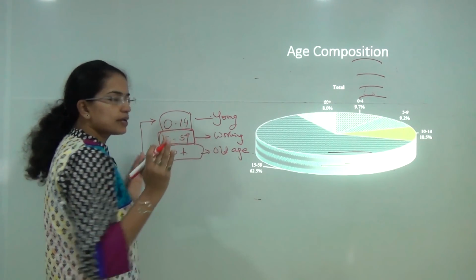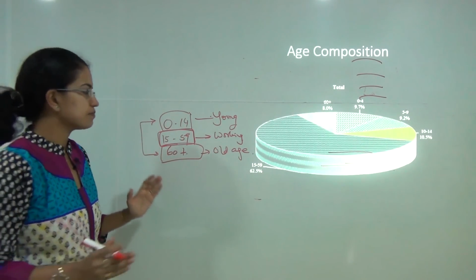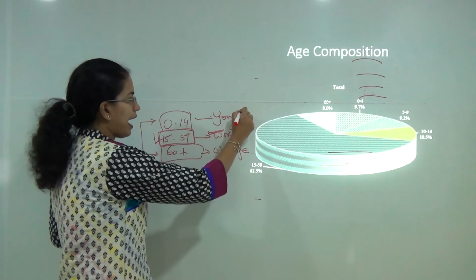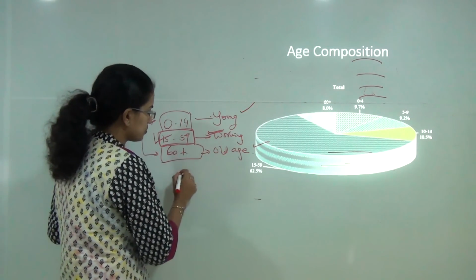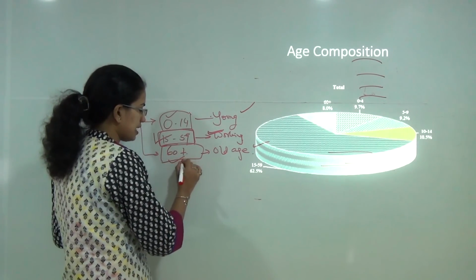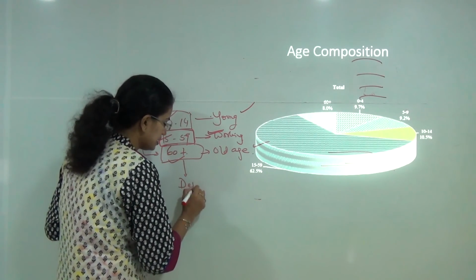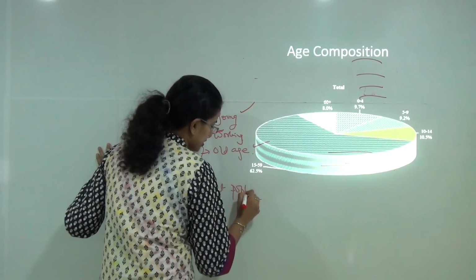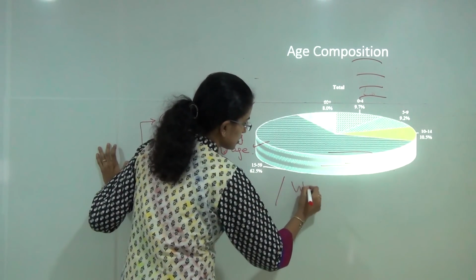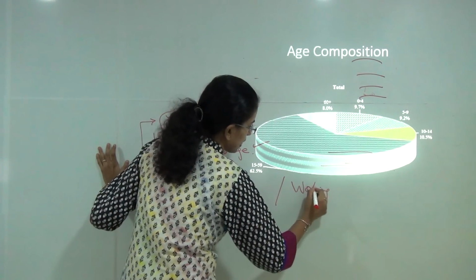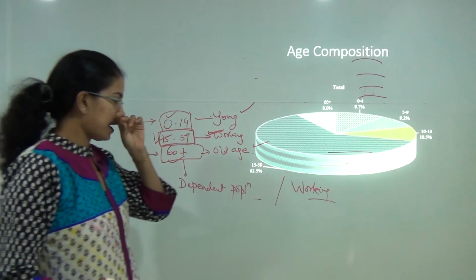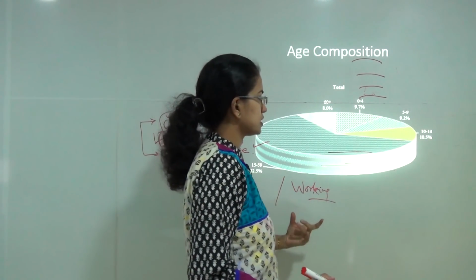So the economic productivity of a nation is governed by this working population, and the two age groups, 0 to 14 and 60 above, are considered the dependent population. You have the dependent population versus the working population, and the prosperity of any nation is determined by the proportion of working population that exists.